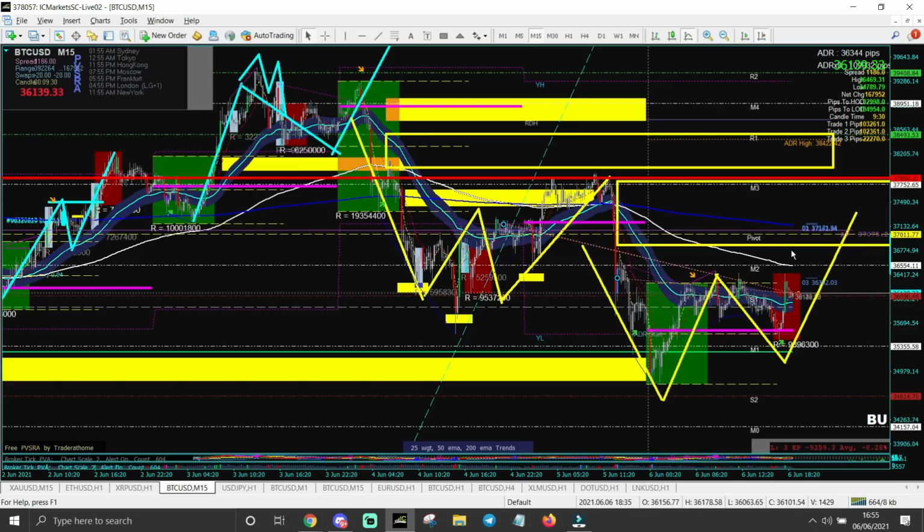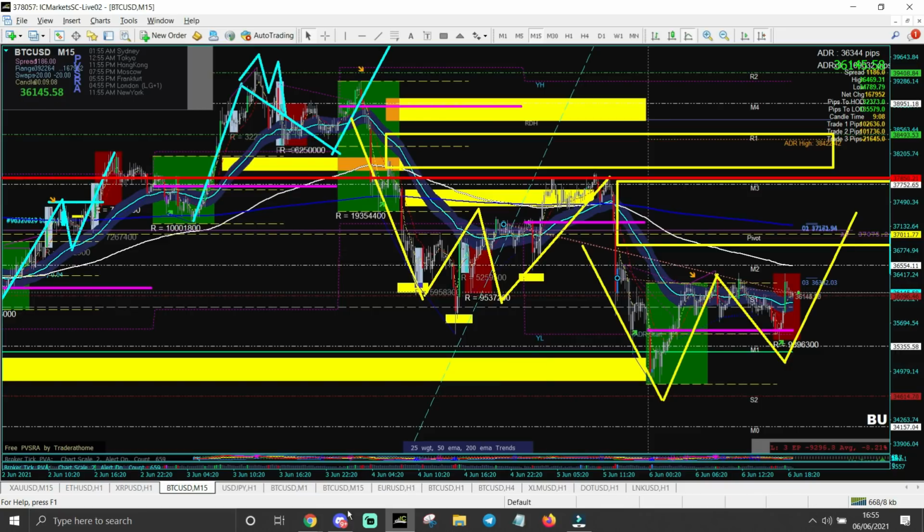I think it's between 7 and 9 p.m. UK time, GMT. That's when it's going to start. The first high and the first low, that's when these zones right here change.